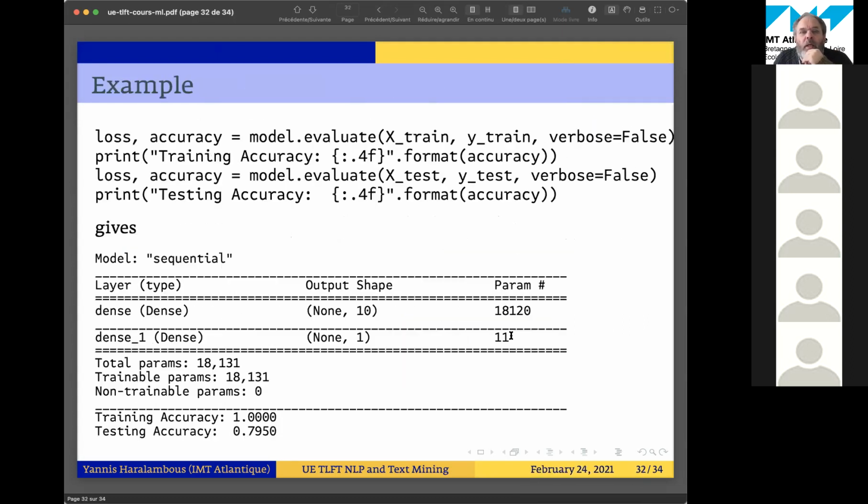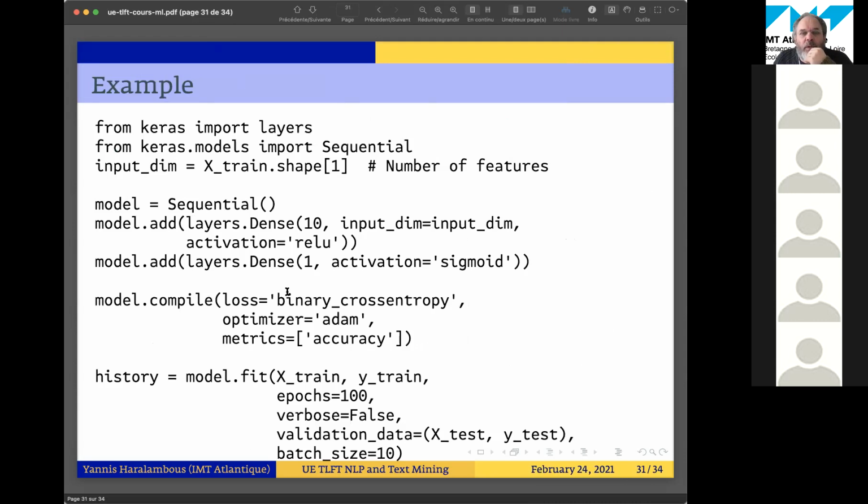And this is why Keras calls this loss a cross entropy.